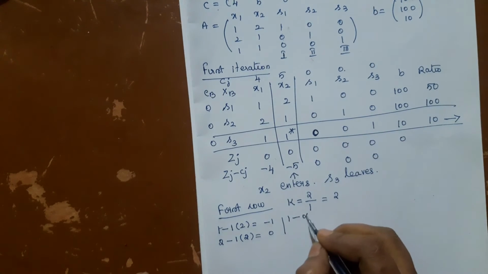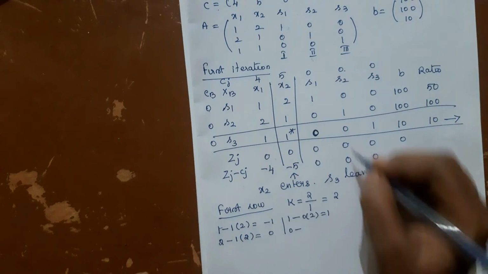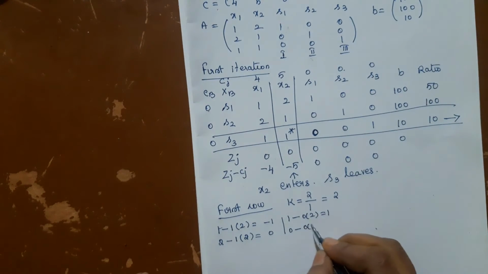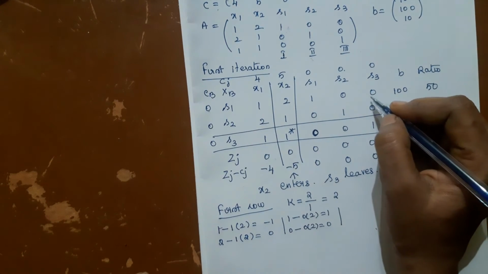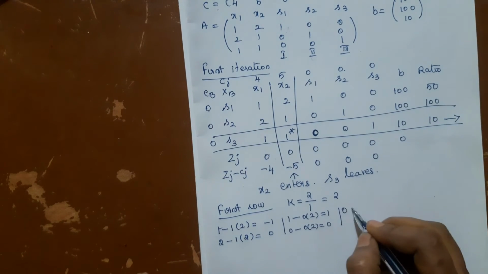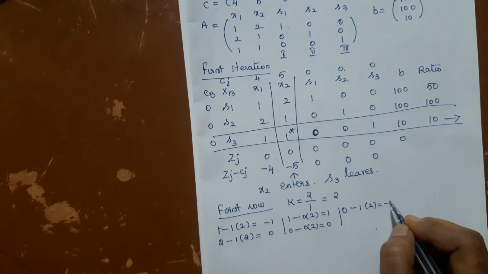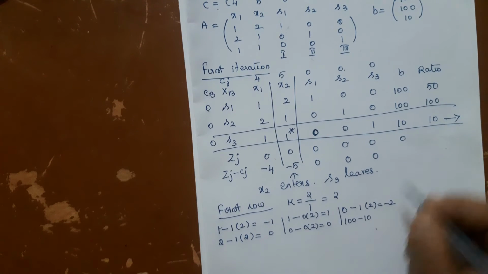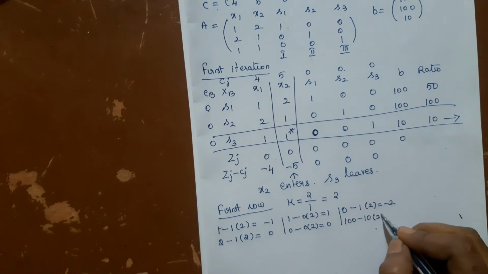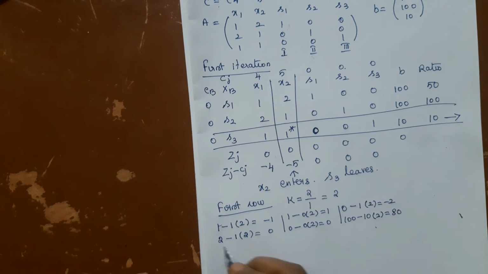Old value 0 minus corresponding value in the key row into constant is 0. Then 100 minus corresponding value in the key row into constant, so 100 minus 20 is 80. This is the calculation for the first row.